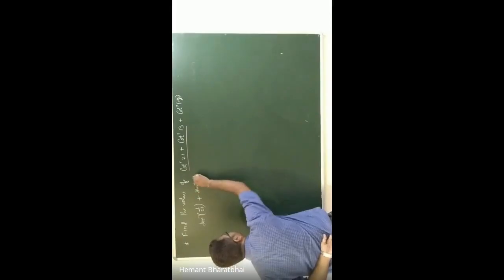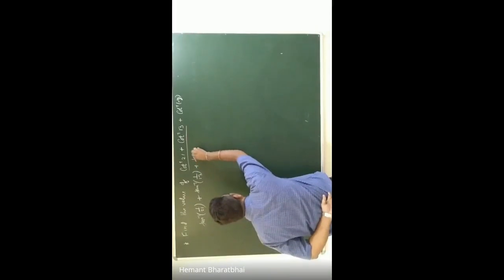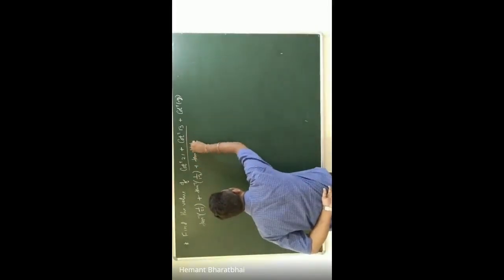So this cot inverse of 21 can be written as tan inverse of 1 by 21. Why? Because cot inverse of x is tan inverse of 1 by x. Similarly, cot inverse of 13 can be written as tan inverse of 1 by 13, and cot inverse of minus 8 can be written as tan inverse of 1 by minus 8.